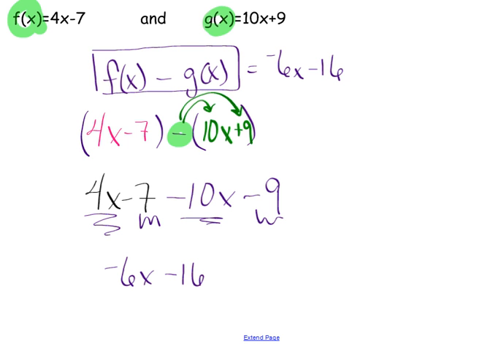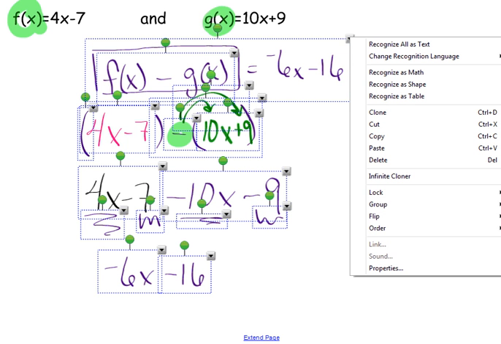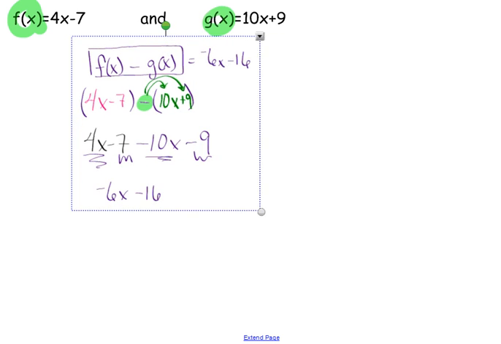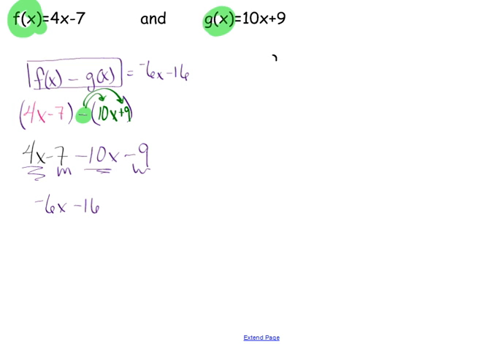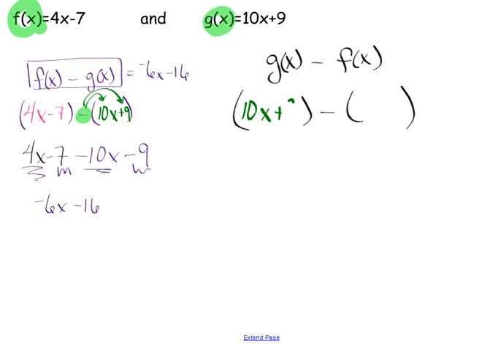What I want to caution you is that this is not going to give you the exact same answer as if we did Grover minus Fred. So let's look at Grover minus Fred. That would be g of x minus f of x. Okay, put my parentheses in. Grover was green, so we're going to use green. Grover is 10x plus 9.